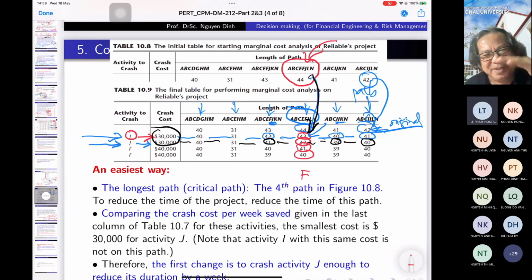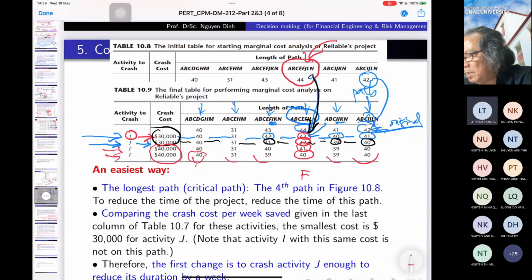And 40 is the limit time that we need. If you reduce the node F 1 week, 2 weeks, you have to pay $80,000 more. And after all, if you reduce F 2 weeks, you have 2 other critical paths, but the critical path is also 40 weeks.